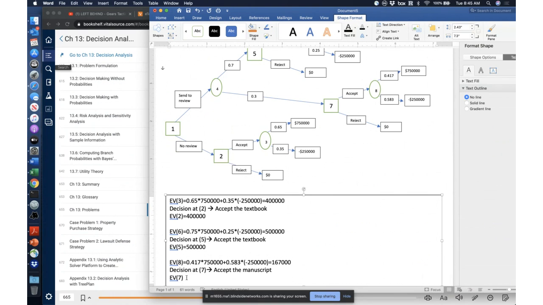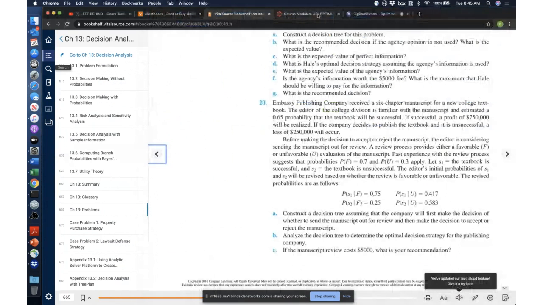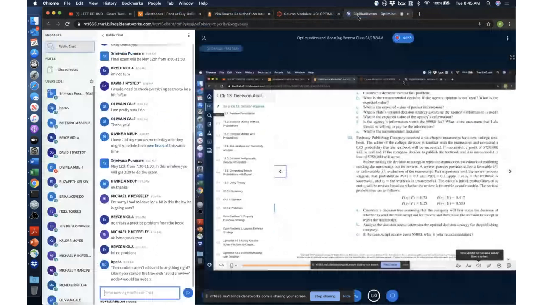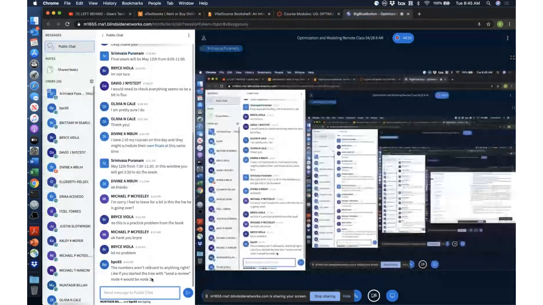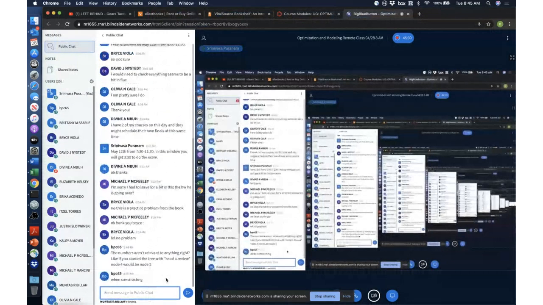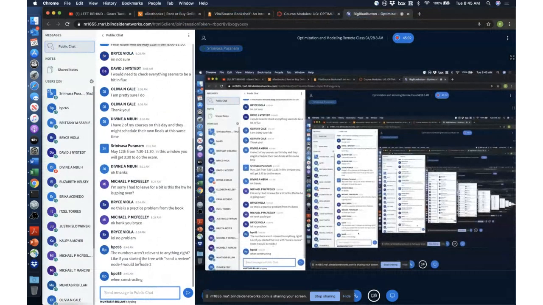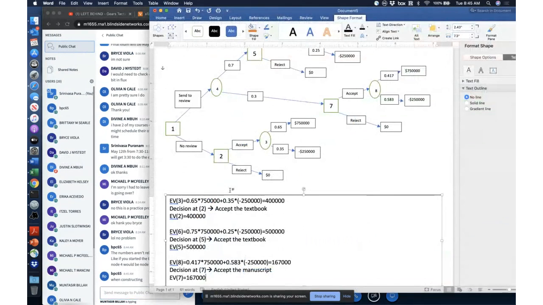The expected value at 7 will be 167,000. That's my payoff. The numbers are absolutely made up. The order of the numbers is really not that important. So the decision at 7 is to accept the manuscript.